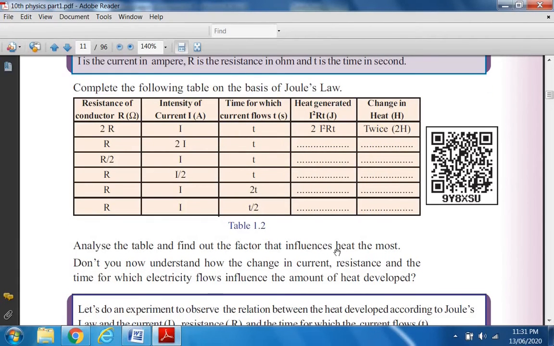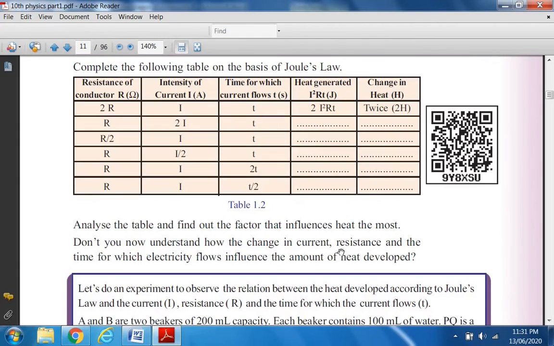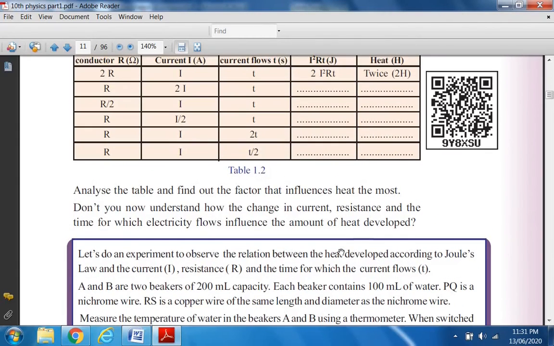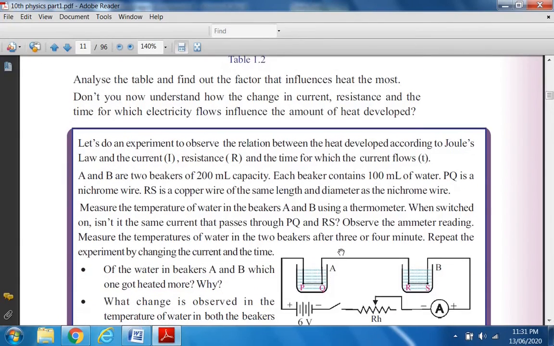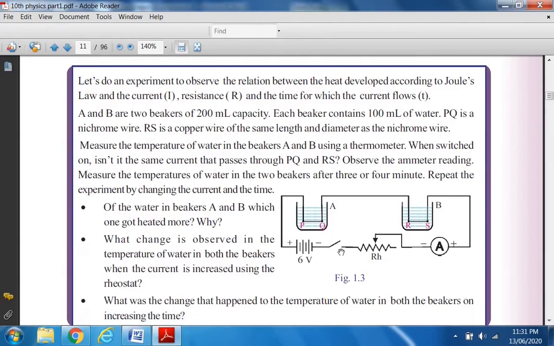When the current becomes twice, the value of heat energy becomes 4 times the actual one, and when the current is decreased to half, then the heat energy is decreased to a quarter. Okay. We have one more experiment here. We will discuss it later in this chapter. Okay, let's move to the next page.